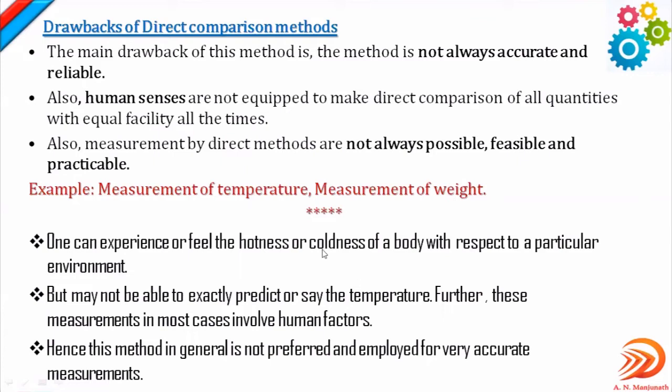If you take the example of temperature here, one person may feel that the present temperature is cold, whereas another person may feel that it is a little bit hot, because it entirely depends on the human senses.